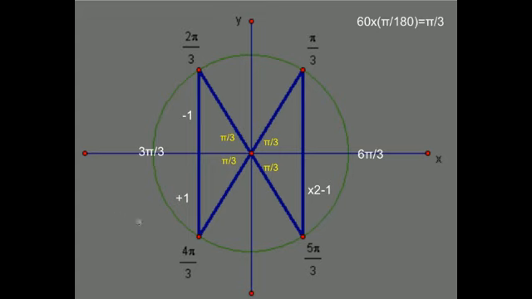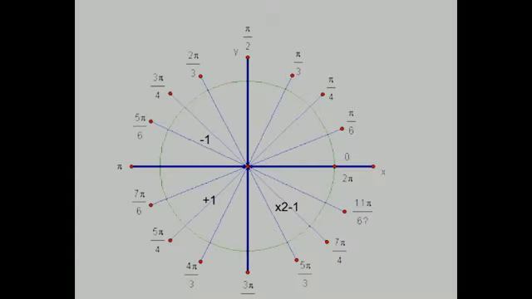And you might have also noticed that throughout this, I had a -1, +1, and a ×2 -1. Let's just look at the full unit circle now that we have all the measures filled out. The -1, +1, and the ×2 -1, that's like a quick rule to get the numerator. Because if you notice here, we have the 6, the 4, and the 3, right? But then notice the numerators here on this side.